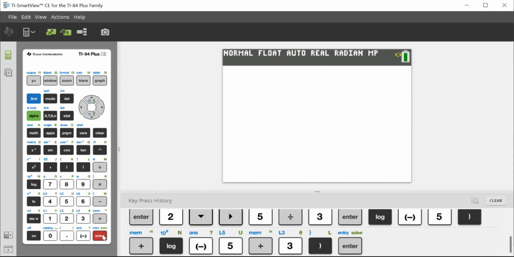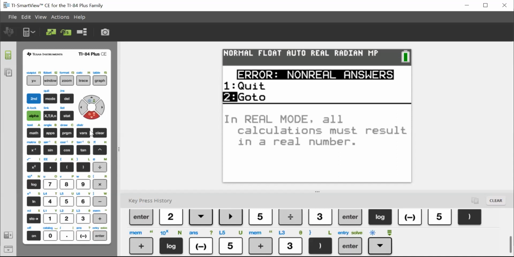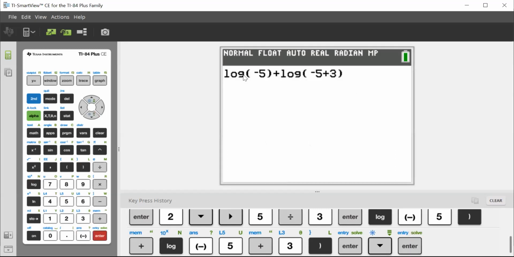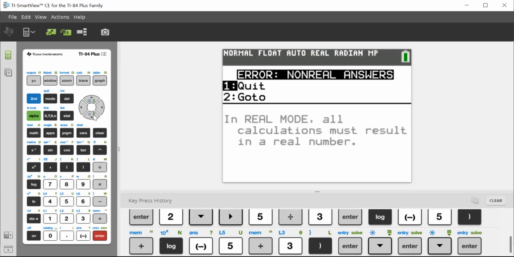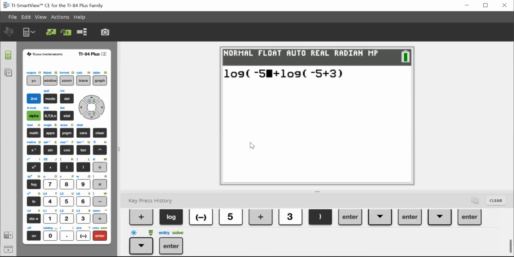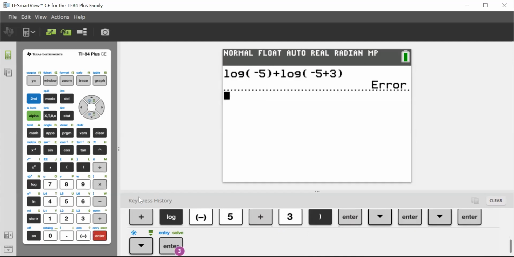And notice when we do that, we get an error. Okay, and I think the error, again, is that we put a negative number inside a log. We're not allowed to do that. Okay, so that tells us that negative 5 is an extraneous solution. Okay, so even though we did the whole process right, negative 5 cannot be a value for x.